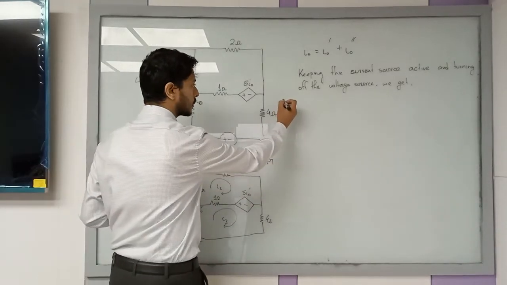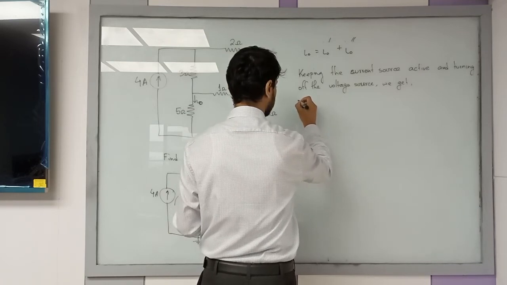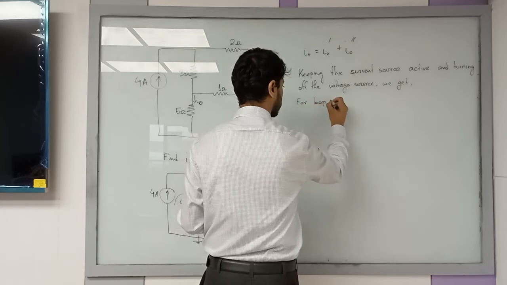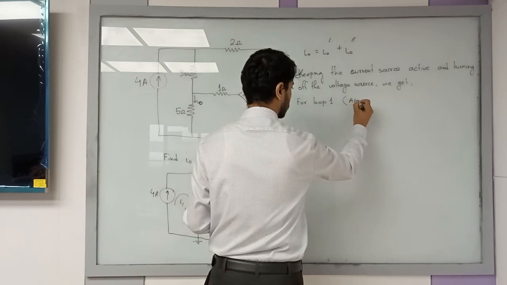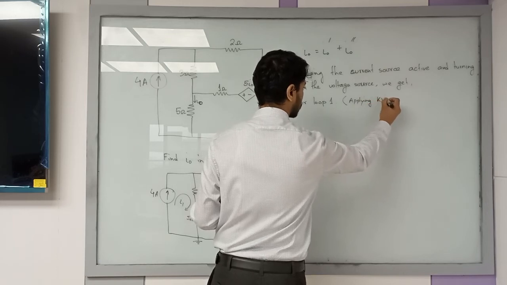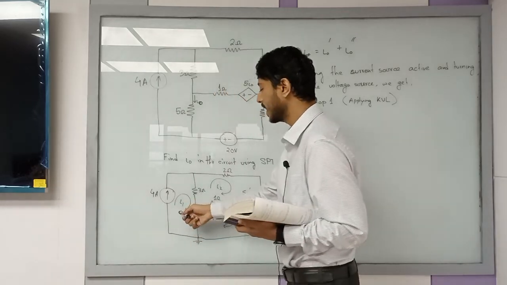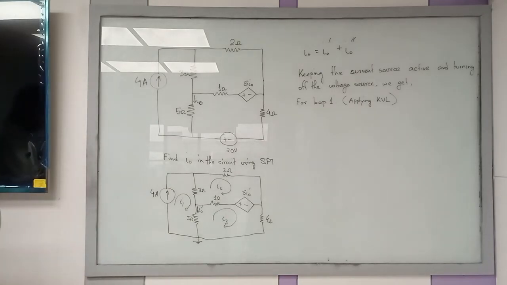So let's do it over here. If you apply KVL at loop 1, what is it?